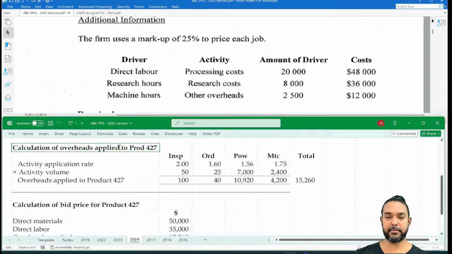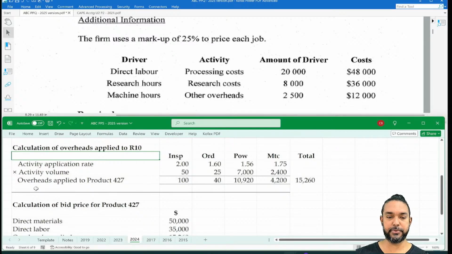Overheads applied to, hold on. They wanted the cost of goods sold for both of these jobs, right? So we need direct materials, direct labor, and overheads. Okay. I'm trying to think of a layout that would encompass both of them at the same time. That is efficient on space. Apply to R10. So let's do R10 first, right?